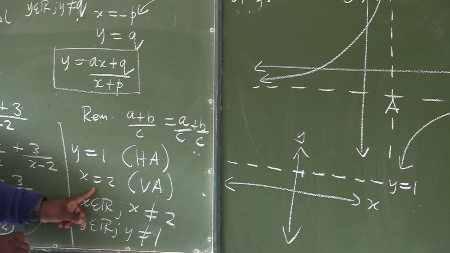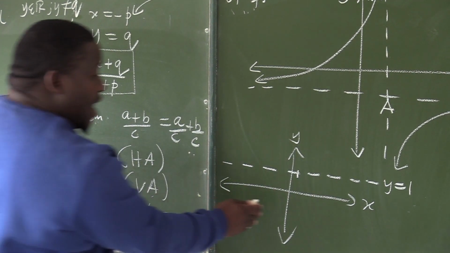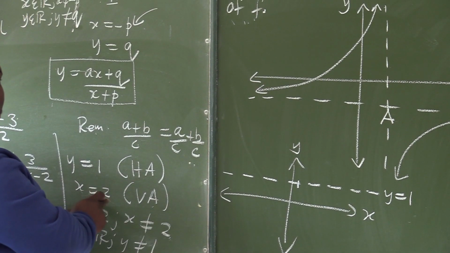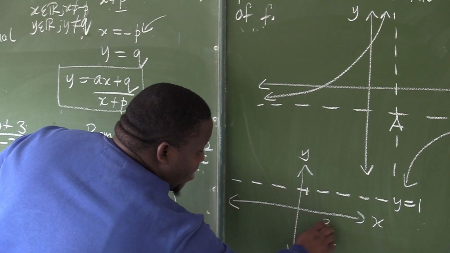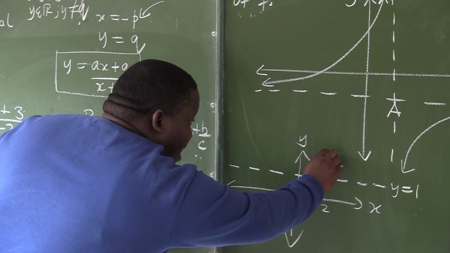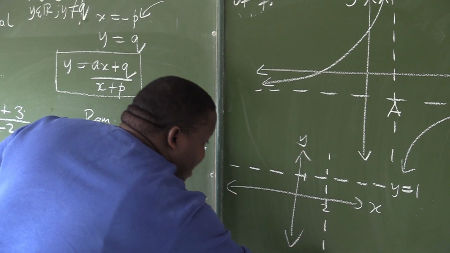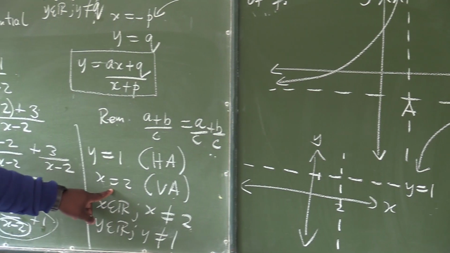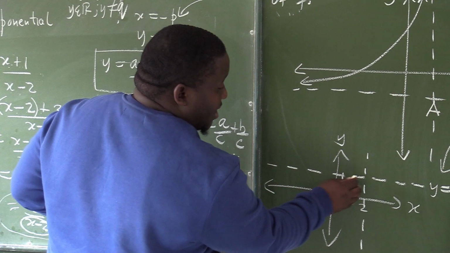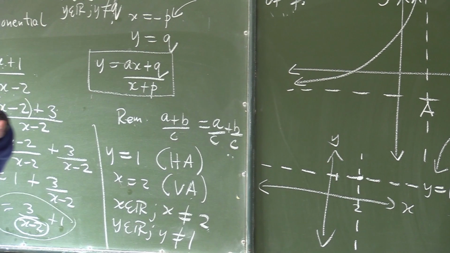That is my asymptote, a horizontal asymptote. But what about my vertical asymptote? Where is x equals 2? There, you have 2. Then I will draw a vertical line, also broken, to indicate that these are the asymptotes. Don't forget that once you have something like this, you can always indicate where your asymptotes meet.